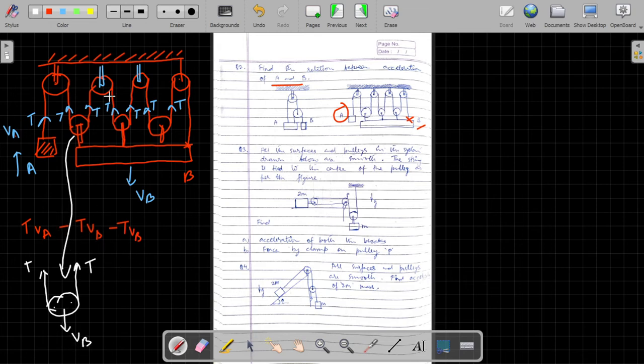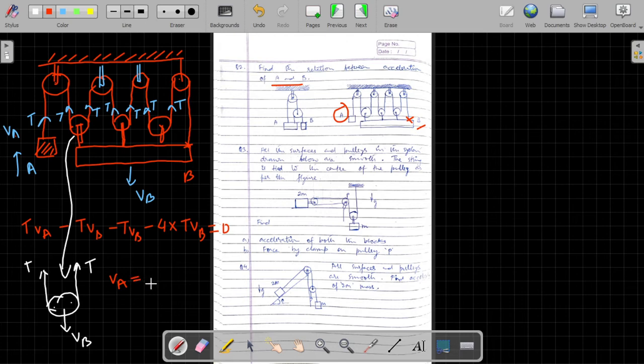So we have a negative sign: minus T VB and minus T VB. This would be repeated for the 3 pulleys. So we have already written 2 times, so we'll be writing 4 into T into VB, and the sum of all these would be 0.